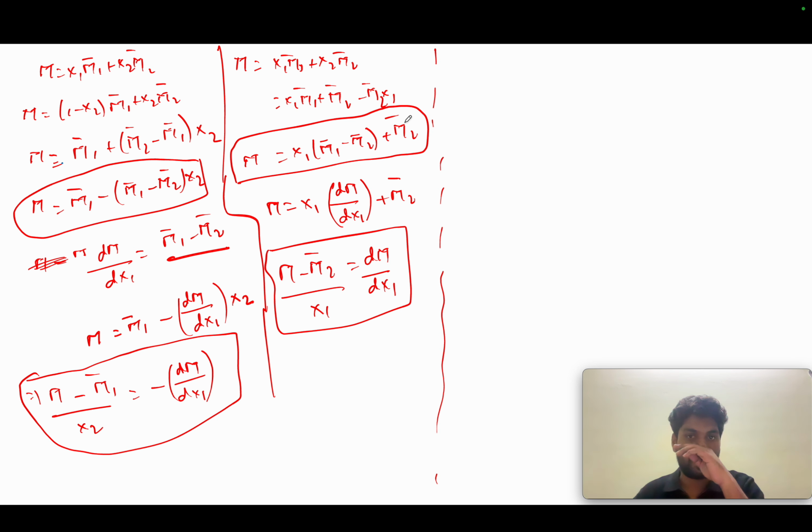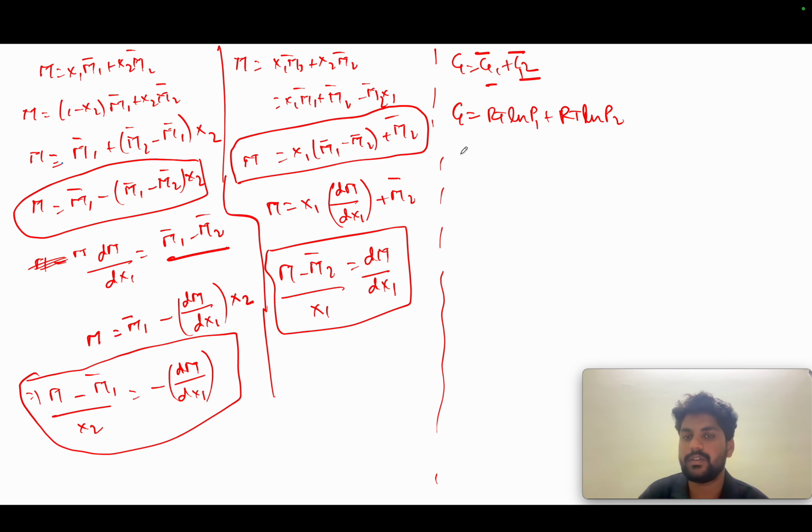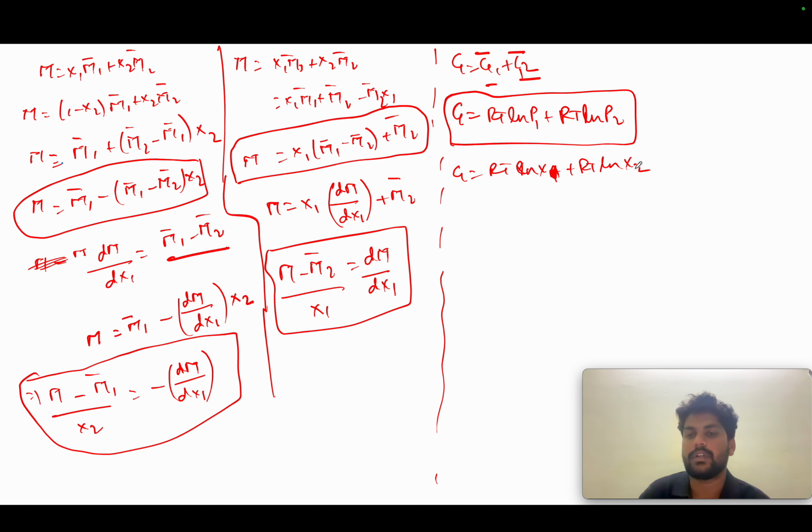No, sir. Okay. So if I make the shortcut of g equal to g1 plus g2, just giving one out of perspective example, you can understand like this. If I take g1 and g2 as ideal gas situations, then it will be ln p1 plus ln p2, remember this as g1 plus g2. Any doubts in this equation? No, sir. Okay, so now this will go like RT ln x1 plus ln x2.